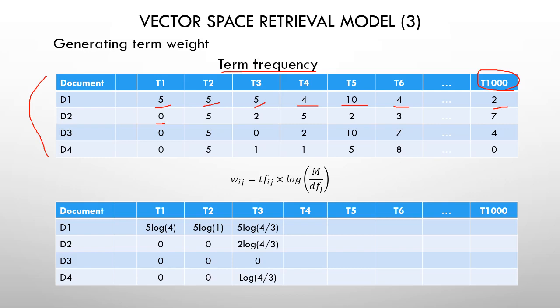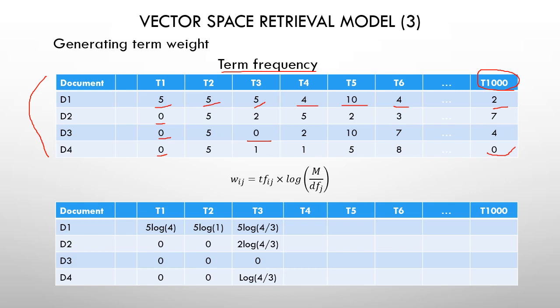Now document number 3 doesn't have term 1 also, so the frequency of the appearance of term 1 is also 0. Document number 3 doesn't have term number 3 also. Document number 4 doesn't have term number 1, and also it doesn't have term number 1,000.